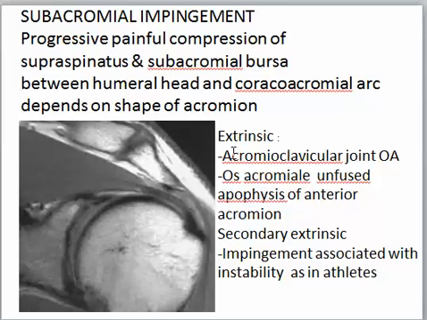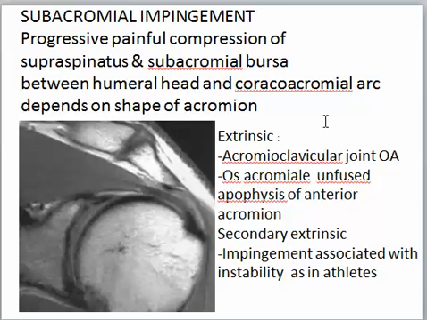It could be extrinsic, like osteoarthritis, or os acromiale, part of the non-fused ossific center, an unfused apophysis with the anterior acromion, or it could be due to instability in athletes, due to sports.